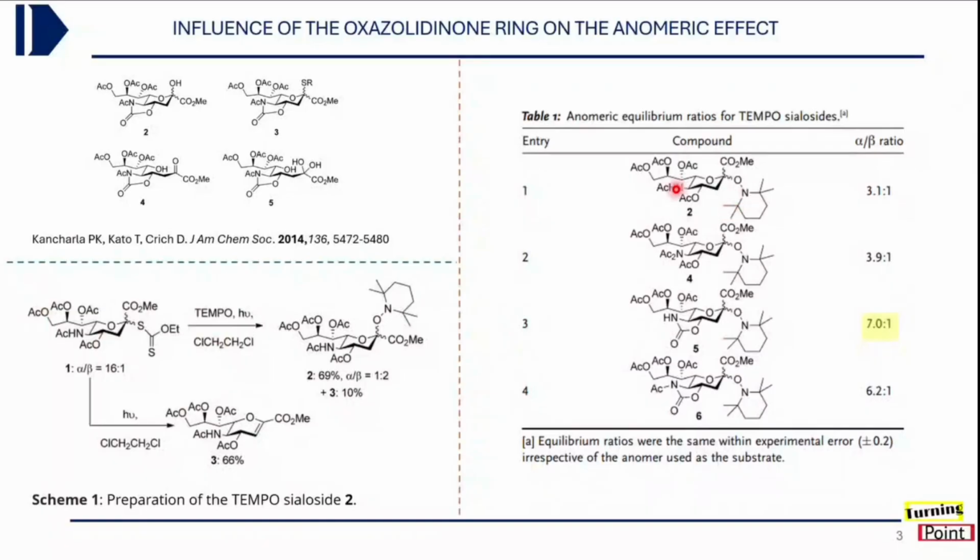In some of the cases, they kept the NHAc and diacetyl protected, then this cyclic protecting group, and further this acetyl protected cyclic protecting group.